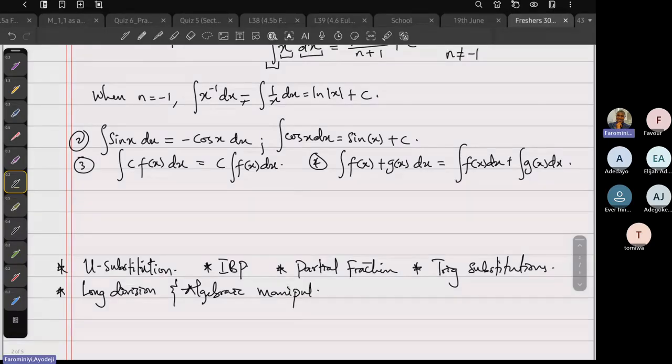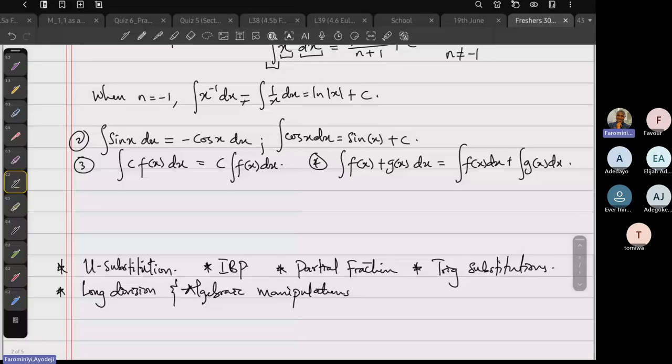So unlike differentiation, that is straightforward when you see a question, for integration, sometimes it's not direct. It's not what you see. What works for something will not work for something that is just slightly different.